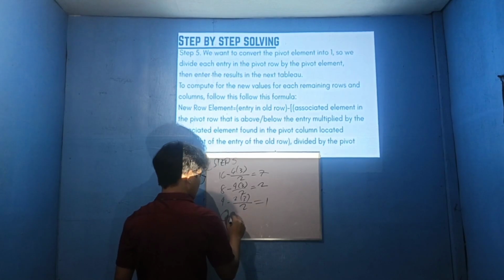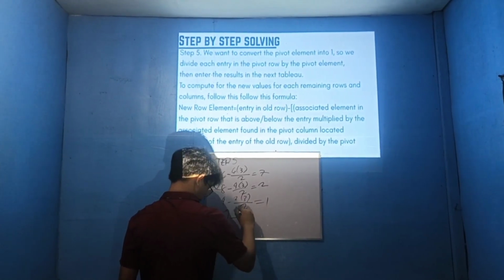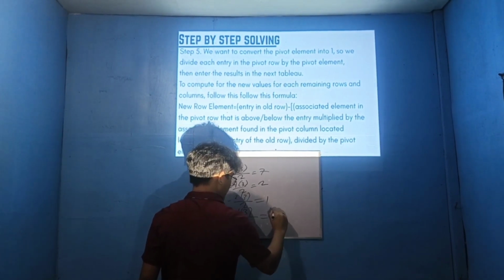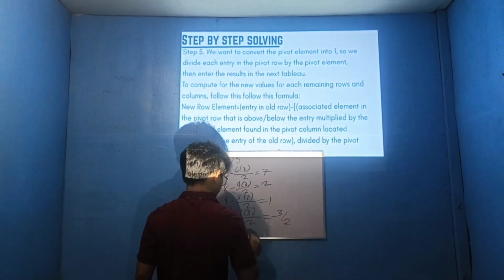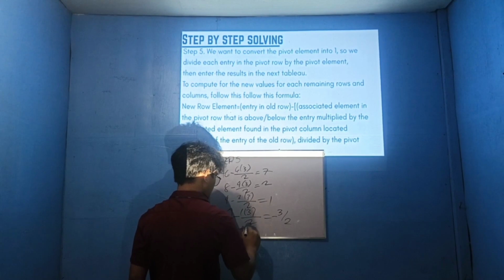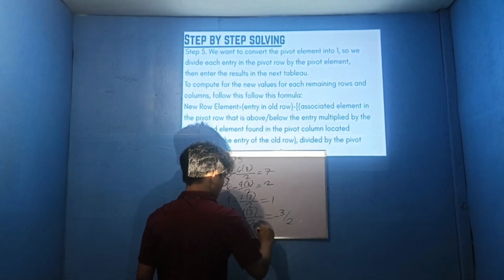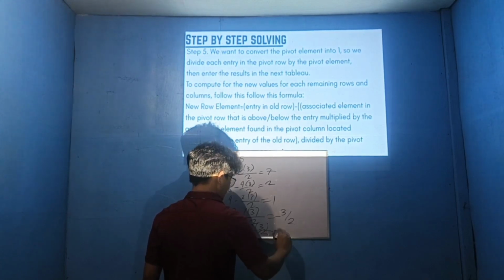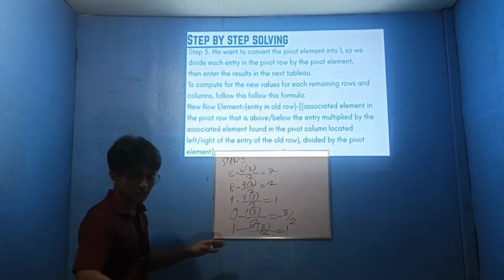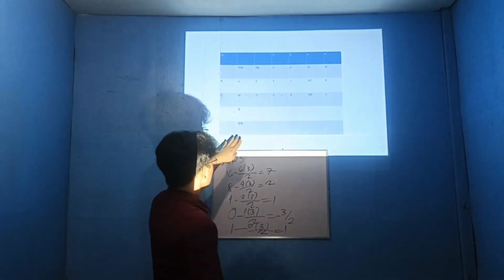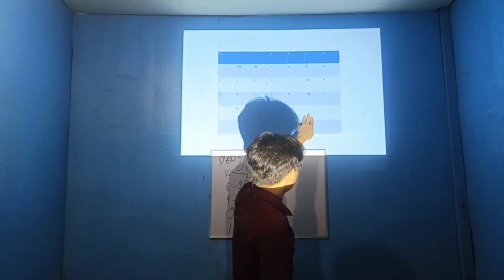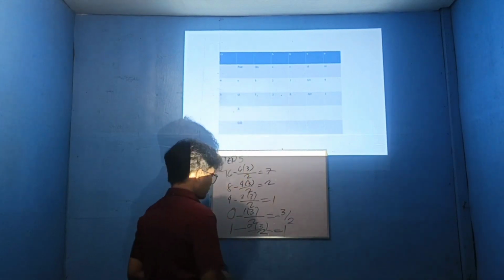And 0 minus 1 times 3 divided by 2 is equal to negative 3. And 1 minus 0 times 3 divided by 2 is equal to 1. As shown in the table, we have our 7, 2, 0, and negative 3, 2, 3 over 2, and 1.